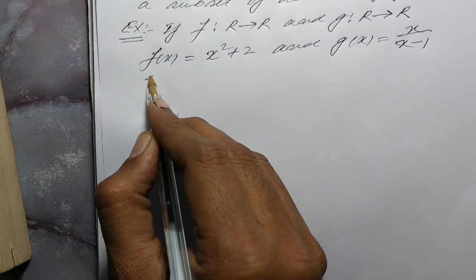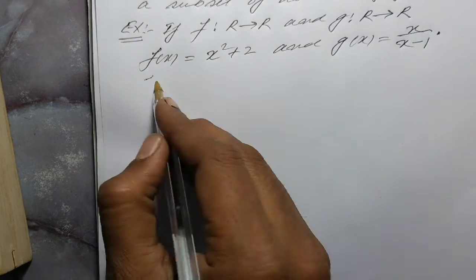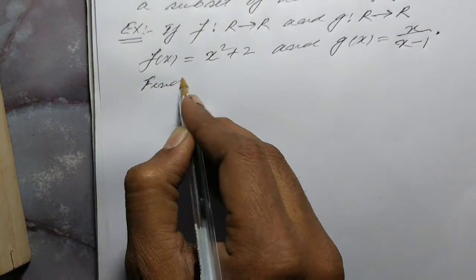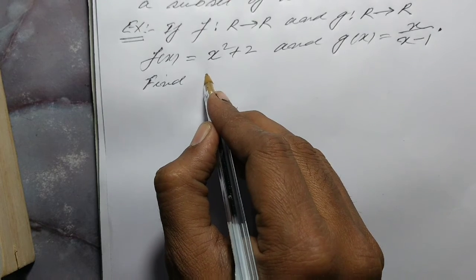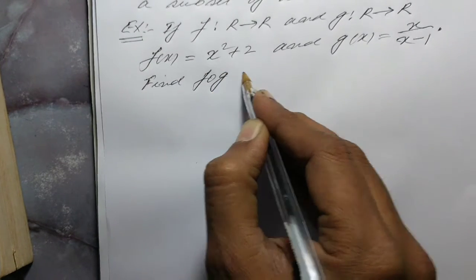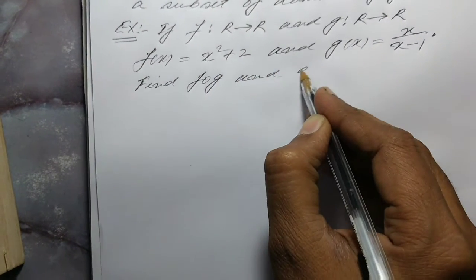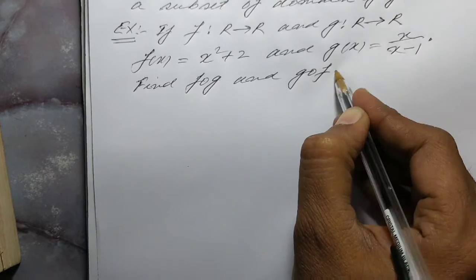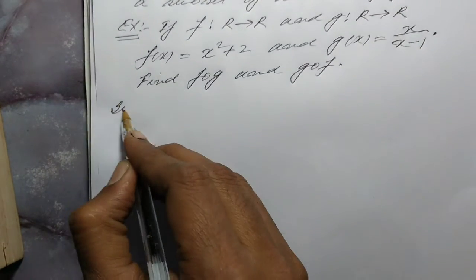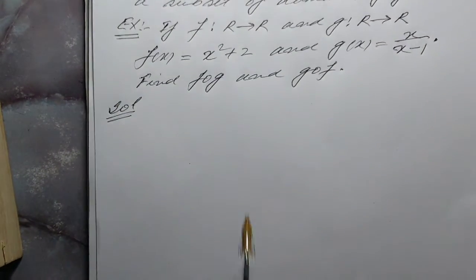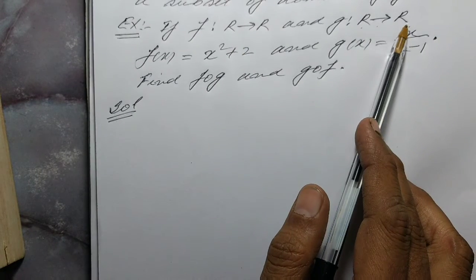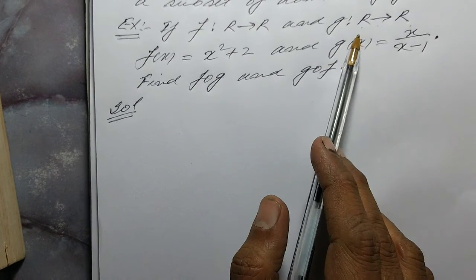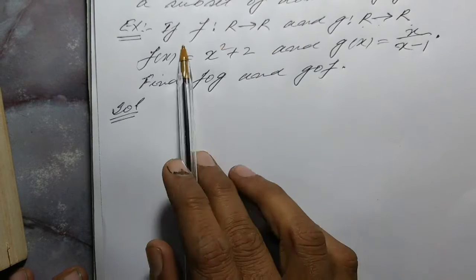So find fog and gof. Since it is quite clear that f is from R to R and g is from R to R, the criteria for the composite functions fog and gof both are satisfied.